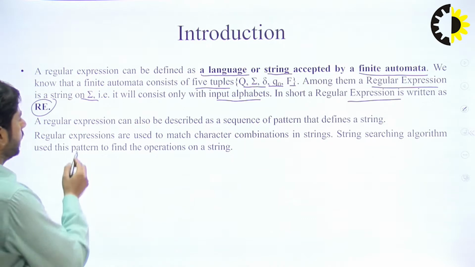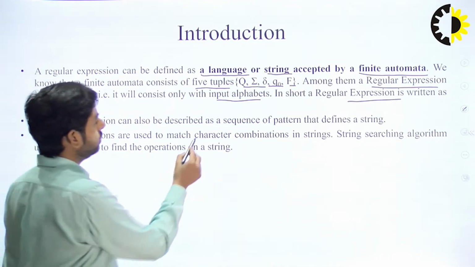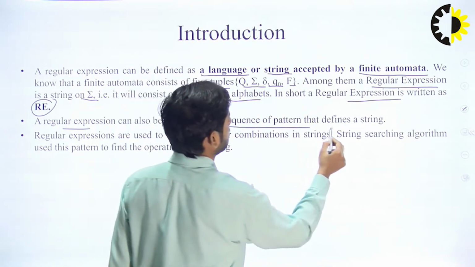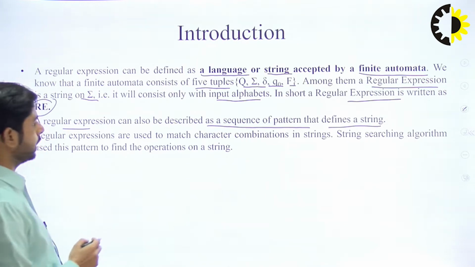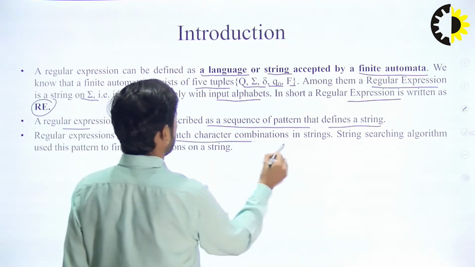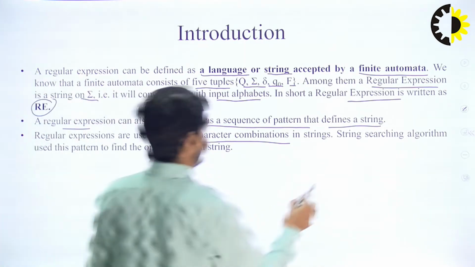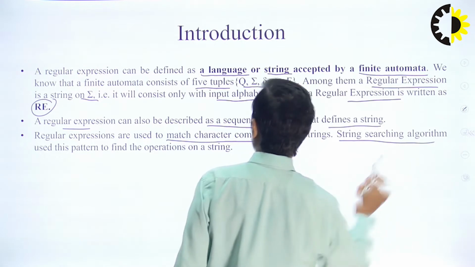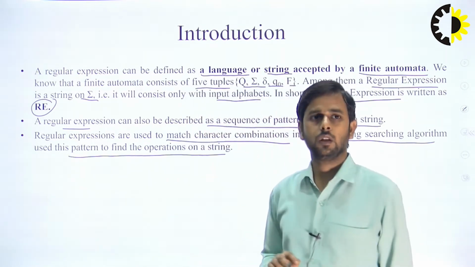A regular expression can be described as a sequence of patterns that define a string. Regular expressions are used to match character combinations in a string, and searching algorithms use this pattern to perform operations on a string.